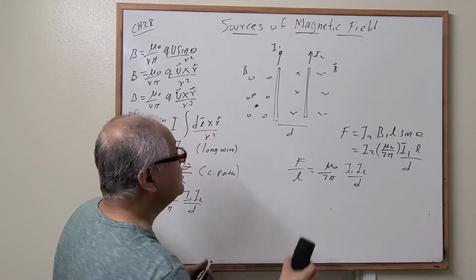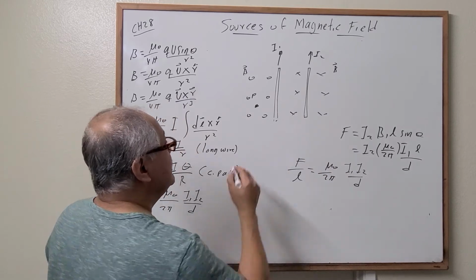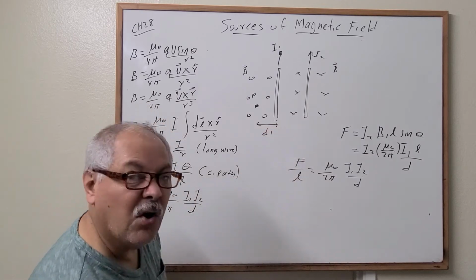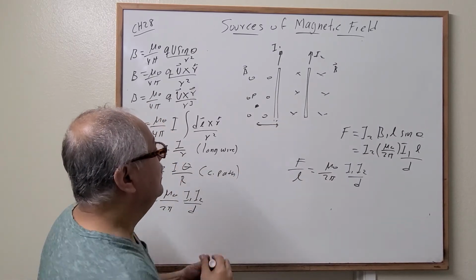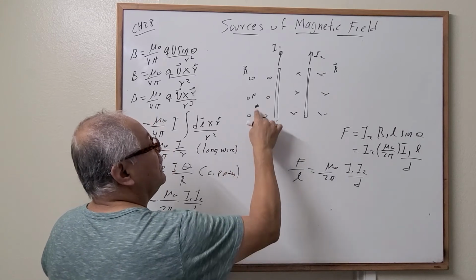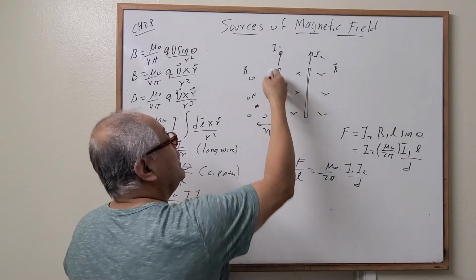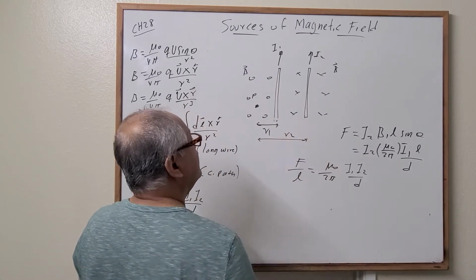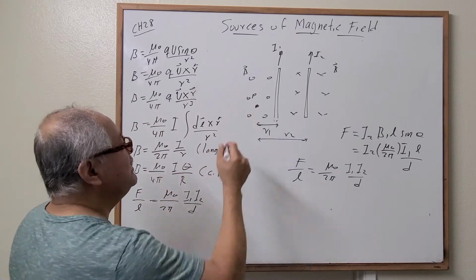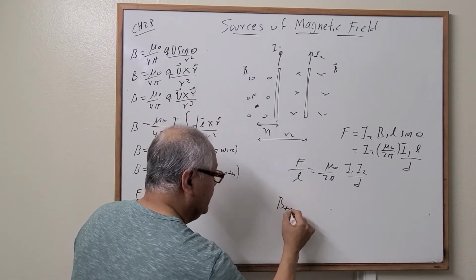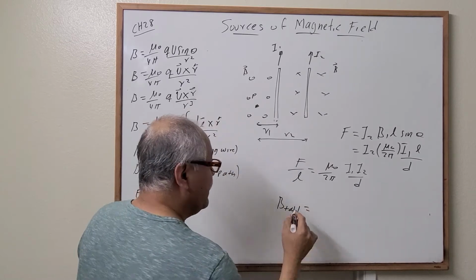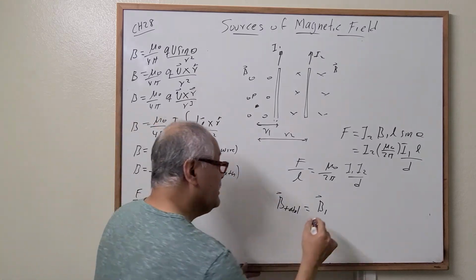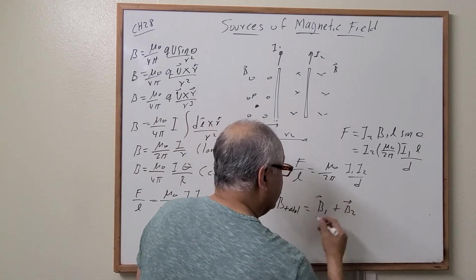For example, if R1 is the distance from this point to wire 1, and R2 is the distance from here to here, what should be the magnetic field at this point? The total magnetic field, a vector, is equal to the magnetic field produced by current 1 plus the magnetic field produced by current 2.